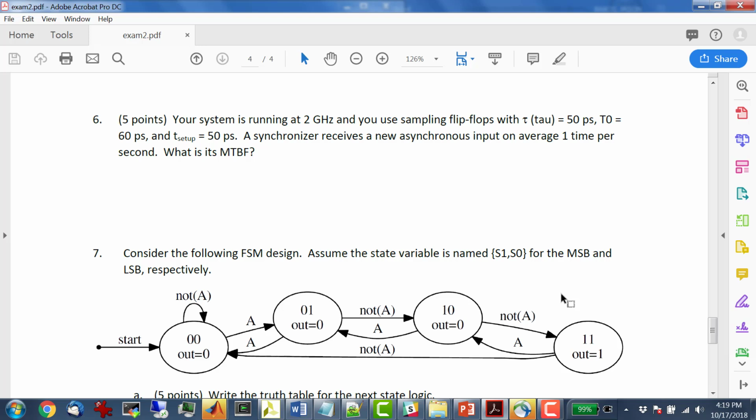Make sense? So this is 1 times 60 because n is 1. T0 is 60, tau is 50, t setup is 50. I don't remember what the final answer is.